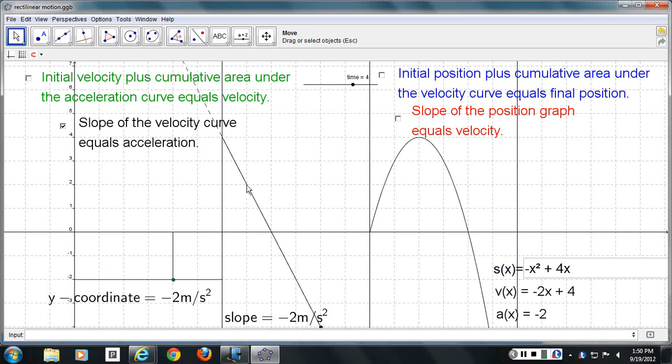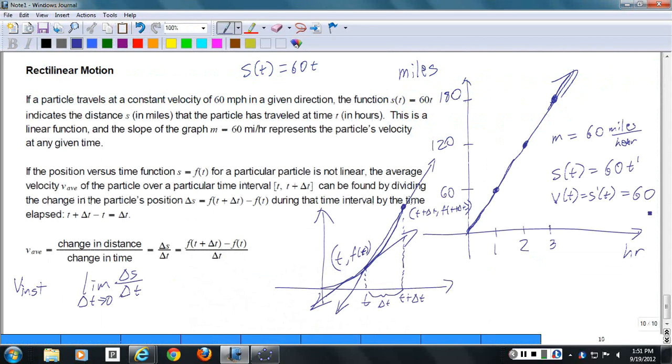If you look at the slope, it's 2 down and 1 to the right, so that would be -2. So if you look at the acceleration, this is the acceleration function. It's a horizontal line 2 units below the x-axis, so it's a constant -2. We'll look at this again at some point, but you can see them changing at the same time. It was helpful to me when I looked at that.